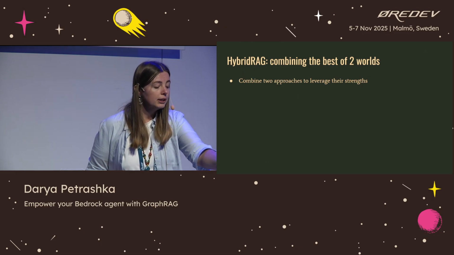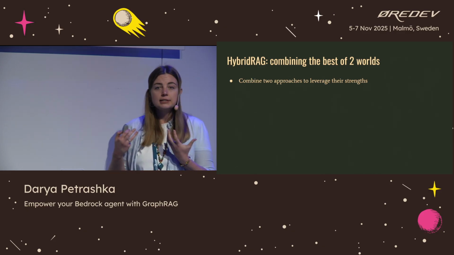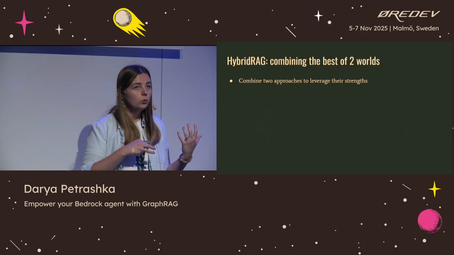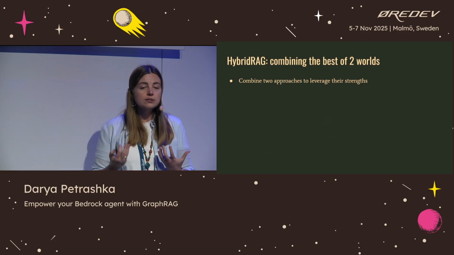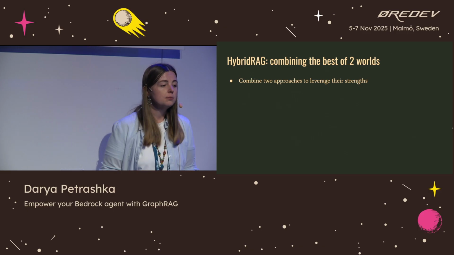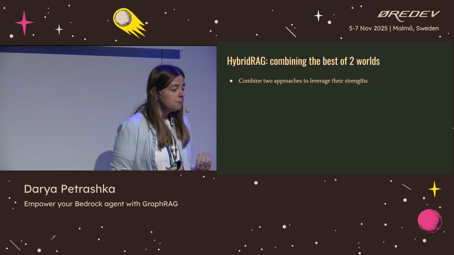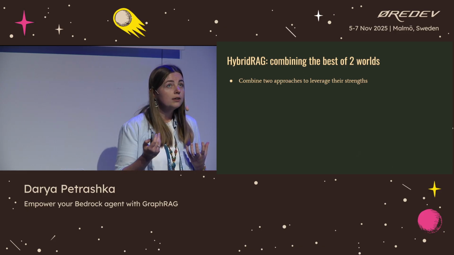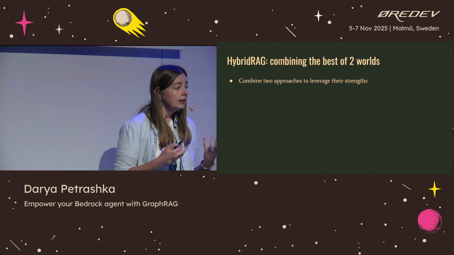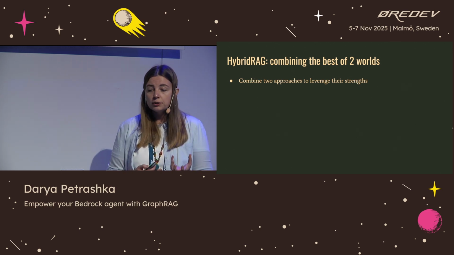So you can imagine that traditional vector RAG has limitations that show if we want to extract something beyond semantic similarity. But GraphRAG also fails to answer questions correctly where no entities are explicitly mentioned in the question.